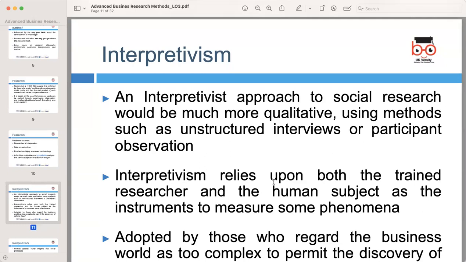Unlike other research approaches, it does not rely heavily on numbers and statistics. So interpretivism focuses on capturing the richness and complexity of human experiences through qualitative methods.